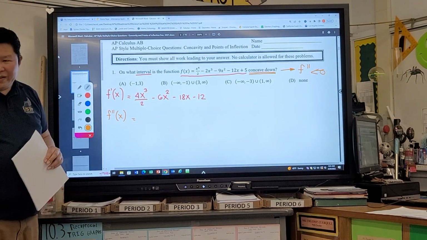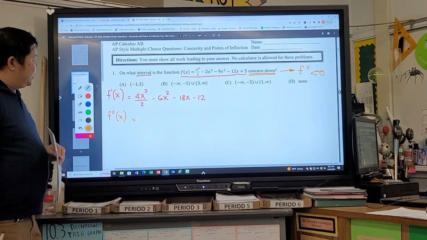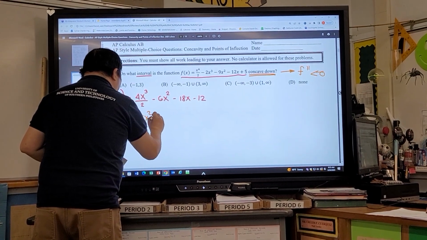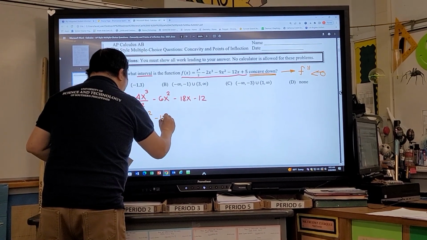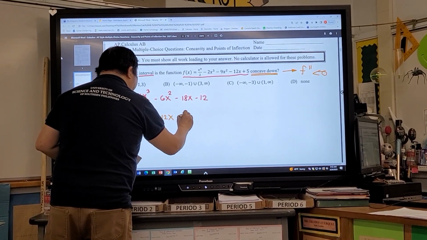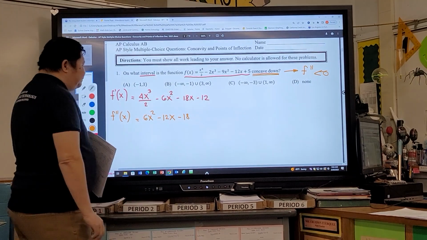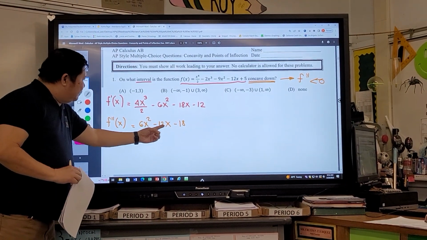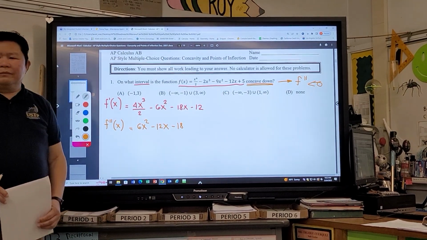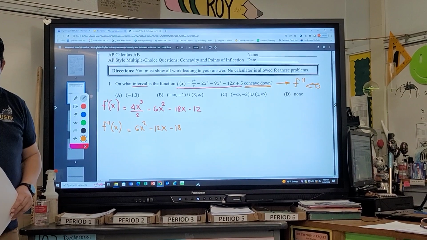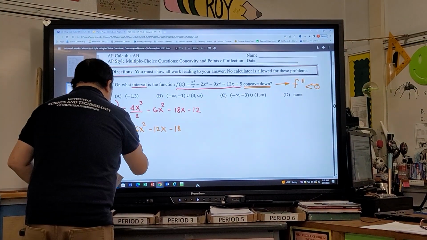So that means 6. Am I right, guys? So 6x squared minus 12x, and then minus 18. Okay, what is common to these 3? 6 is common, so we can factor out 6.